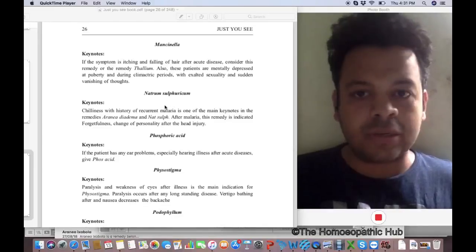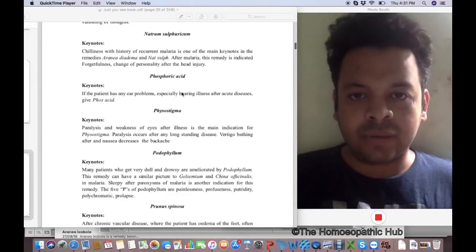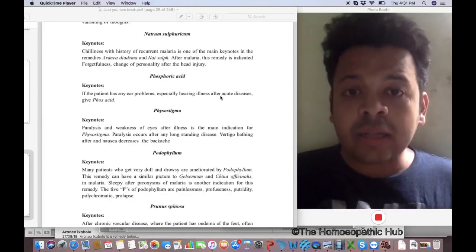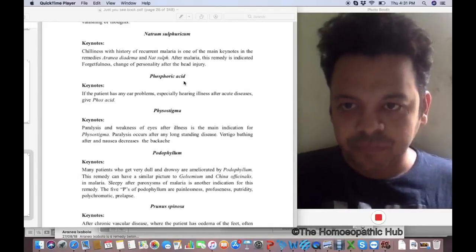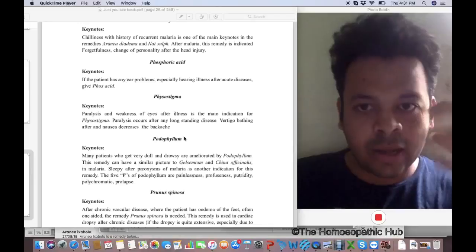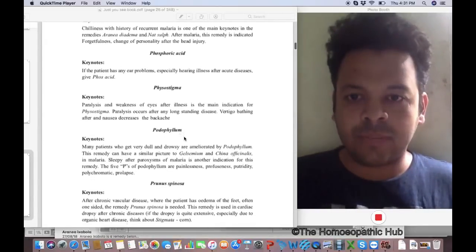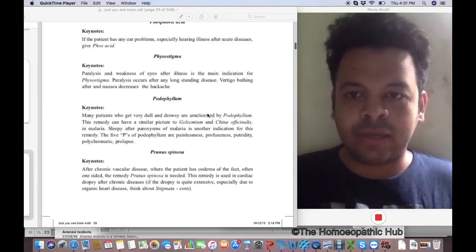Forgetfulness after injury, Natrum sulph. We know this, I think. One of the other very interesting remedies. After any acute illness, if there is a hearing problem, think about phosphoric acid. Physostigma, a lot of weakness of the eye after any acute illness. Physostigma. Podophyllum. I think we know the diarrhea of podophyllum very well.